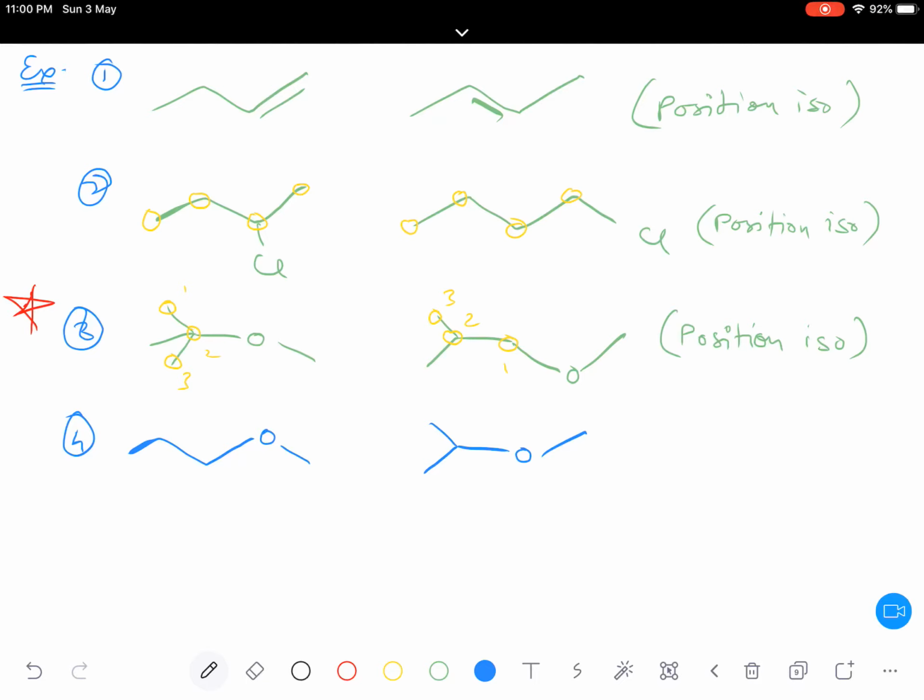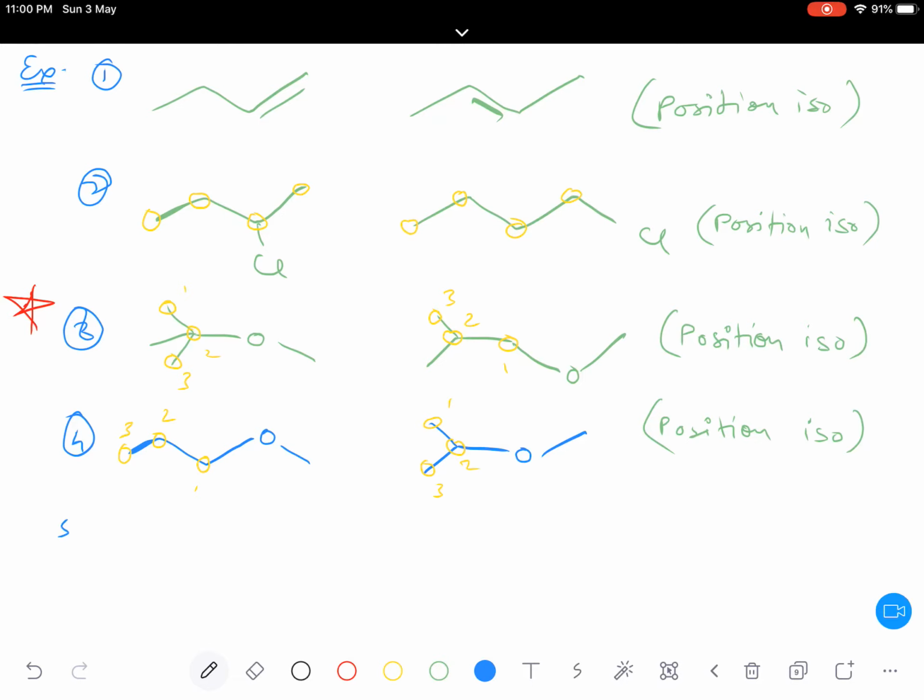Okay, so if I have to do the numbering, 1 2 3, I can write the numbering. So this methoxy group is again changing position. For the first compound it is coming on the first position, while in the second compound it is coming on the second position. So again I will call it position isomer. Is that clear? Any confusion, any doubt?